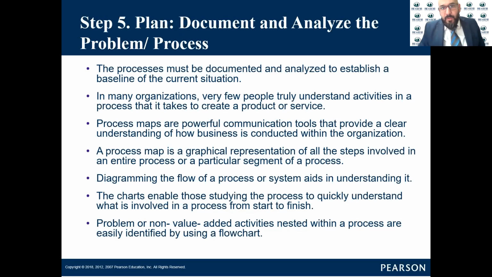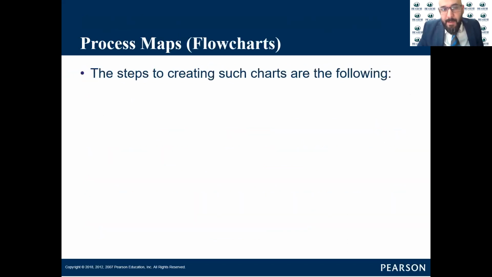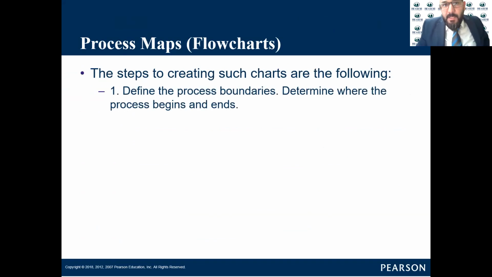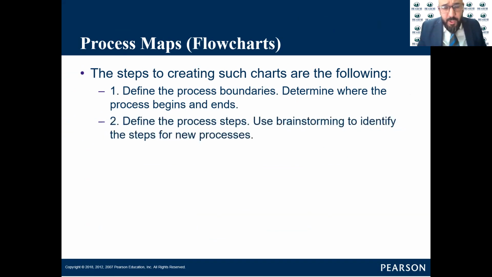Let's take a look at how we could create the process map, or what we call flowcharts. Number one, define the process boundaries. You need to know exactly where you have to start and where to stop, so you start with a starting point and end with an ending point. Define the process. Use brainstorming to identify it.